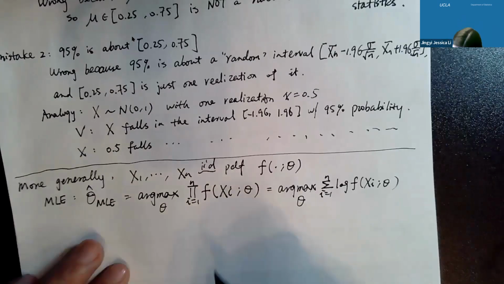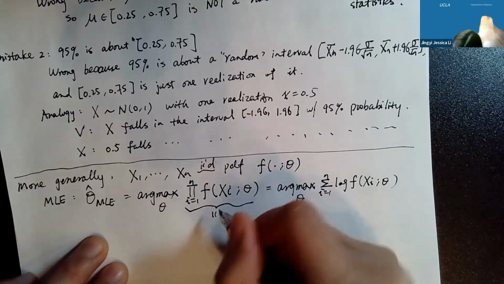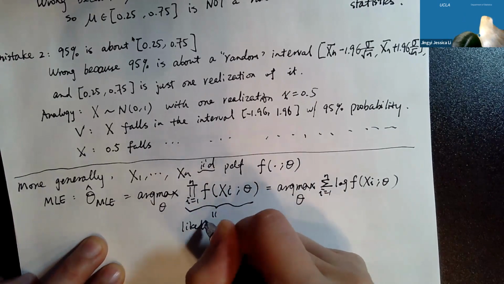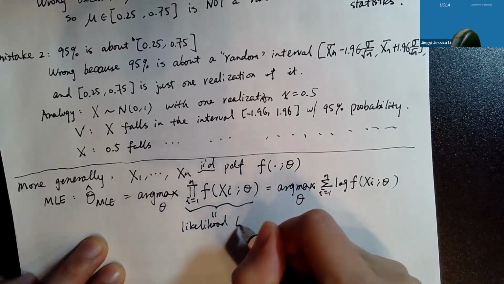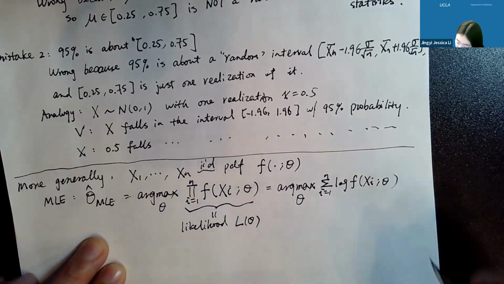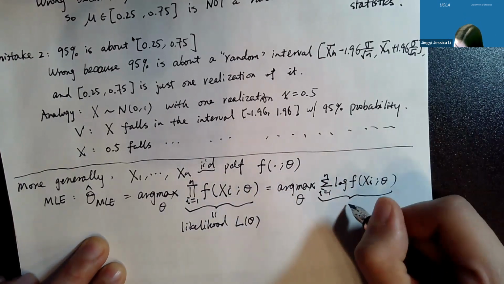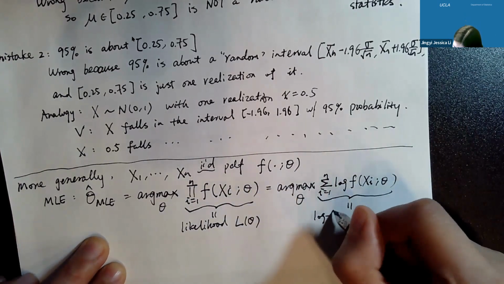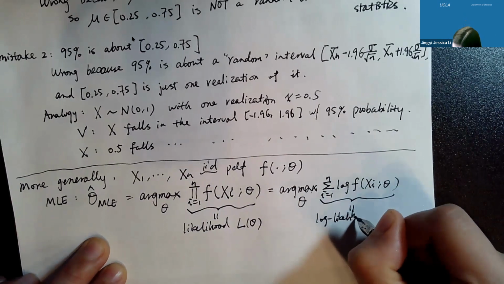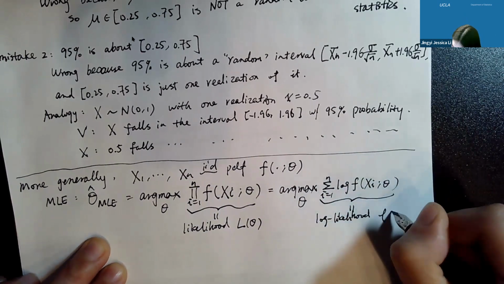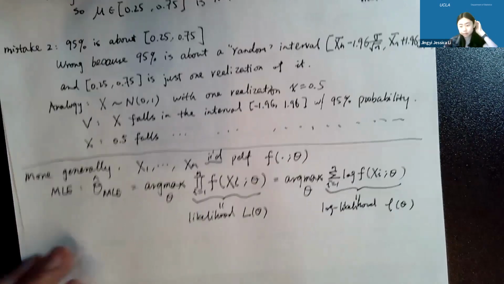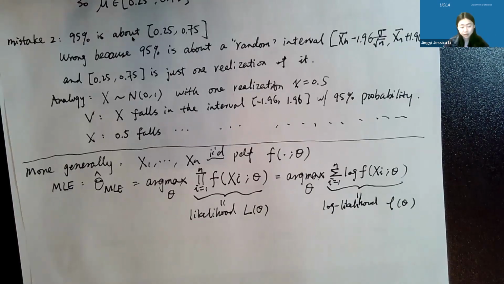So this is basically our definition of the likelihood, often written as big L(theta). And this is our definition of the log likelihood, which is often written as small l(theta). We used those before. Okay, that's how we define the MLE.